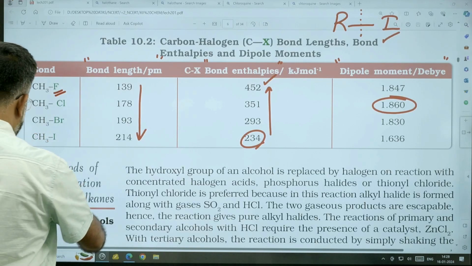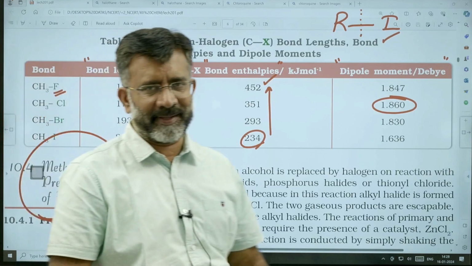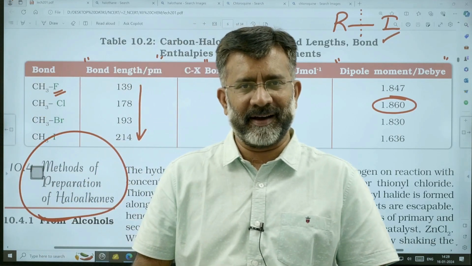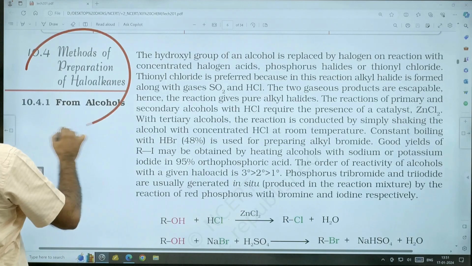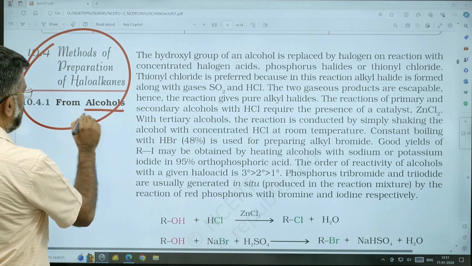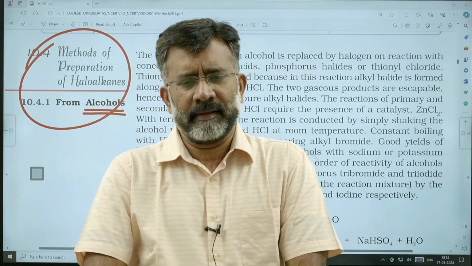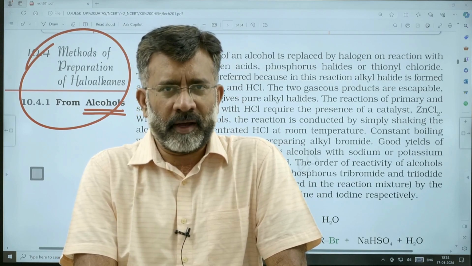Our next topic is methods of preparation of haloalkanes. See the first method, from alcohols. Alcohols can be easily converted to haloalkanes.